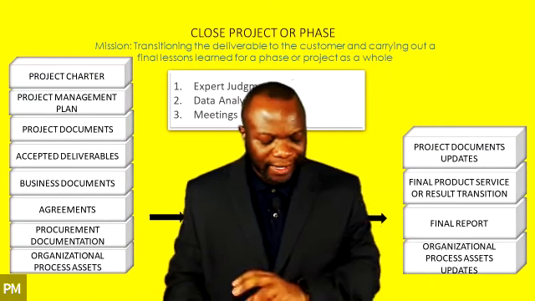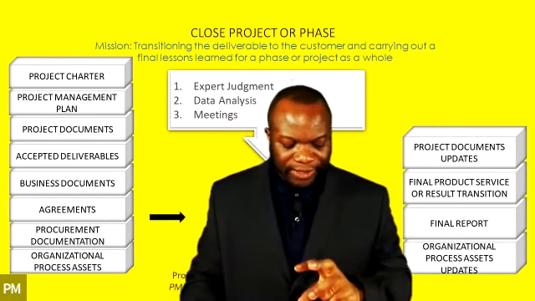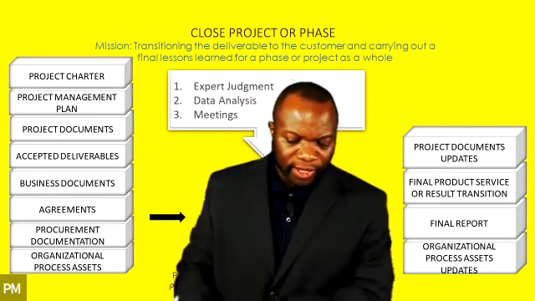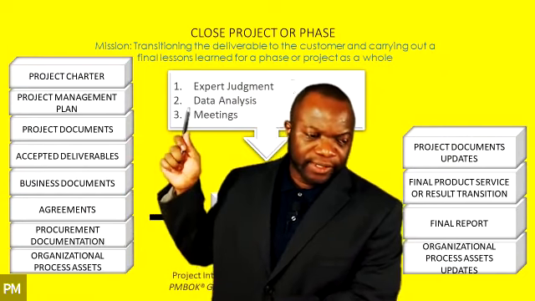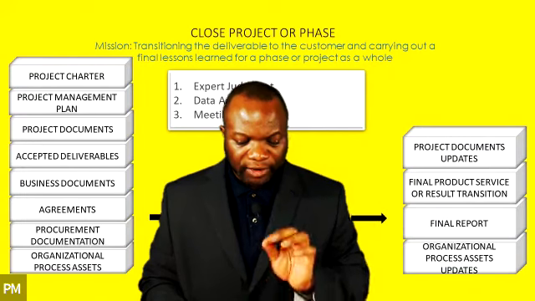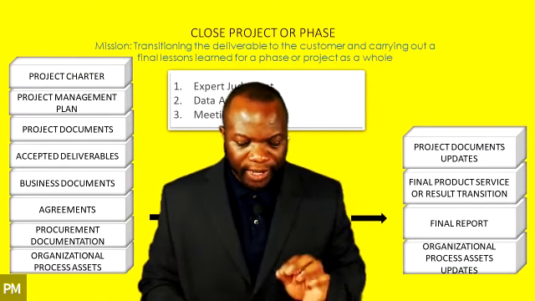It's an analysis as to whether you really got to your goal. It's an analysis of trends and variances. So hold on to that thought. And then we've got meetings. It says meetings are used to confirm that the deliverables have been accepted, to validate that the exit criteria have been met.